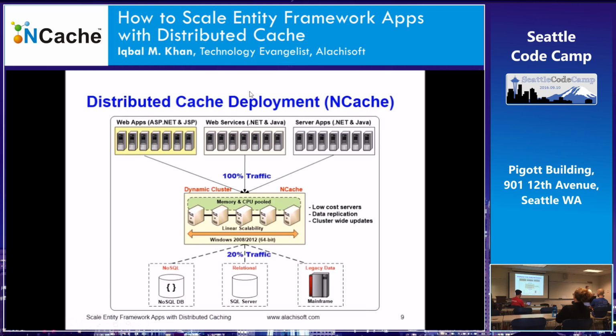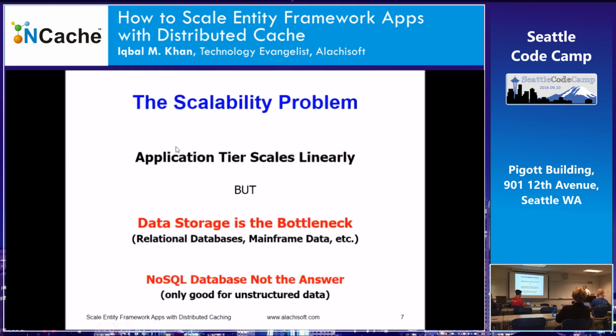You can add more servers as your transaction load increases, but the data storage becomes a bottleneck. And the data storage usually means relational databases or your mainframe data. And if the data storage becomes a bottleneck, then it really doesn't matter how many servers you have in the application tier. Your application is going to choke.